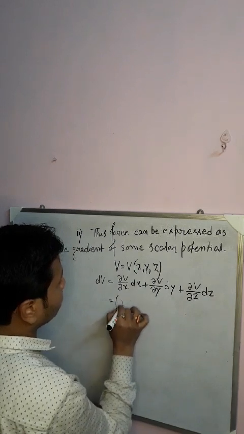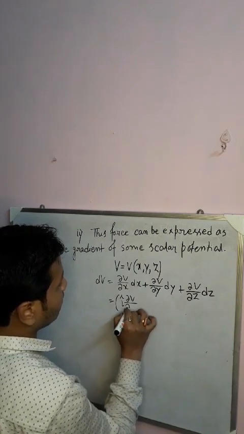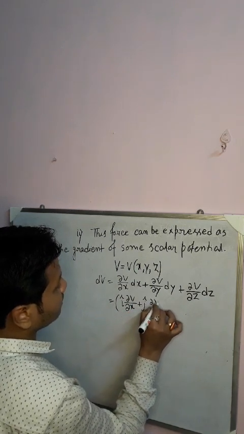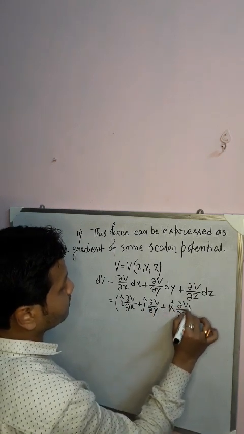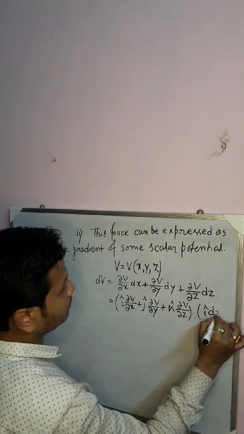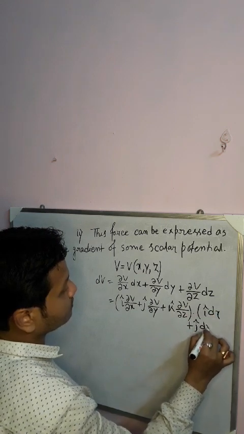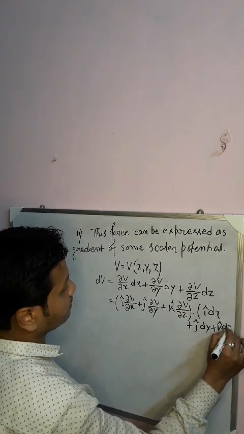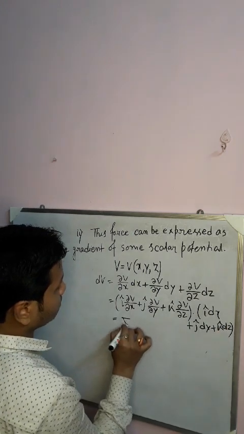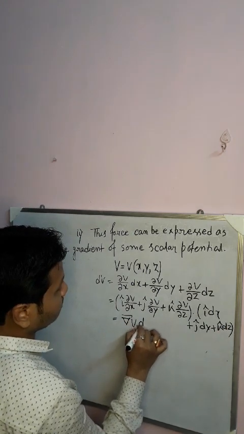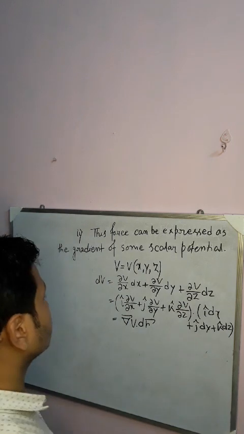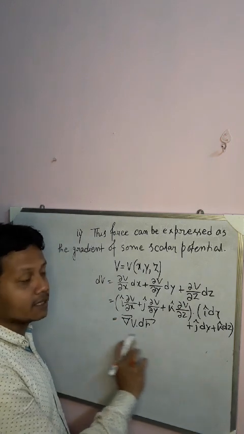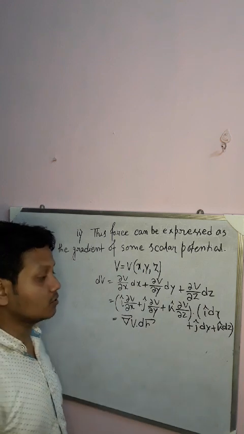So this can be written in this way: i del V del x, j del V del y, k del V del z dot i dx plus j dy plus k dz. So this is simply del V dot dr. So you can express dV as del V dot dr.